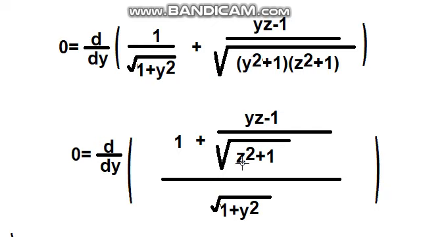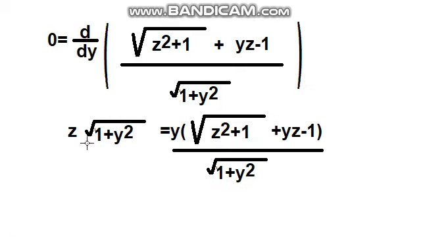We just multiply this by 0, and d over dy of this thing, to make it easier, and then see that if it is equal to 0, then this derivative times this thing equals this derivative times this thing, just like that written.